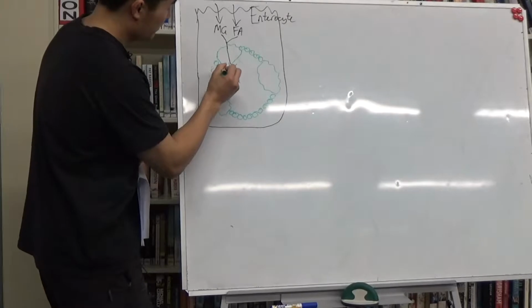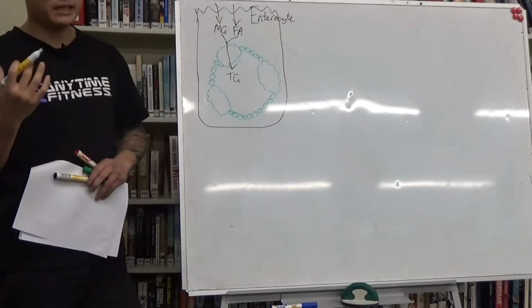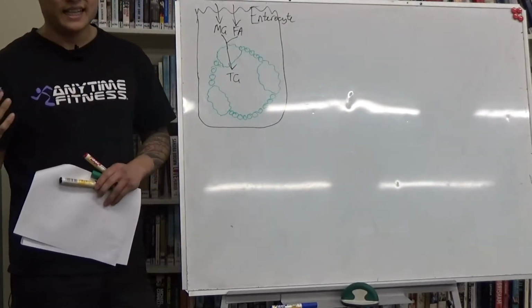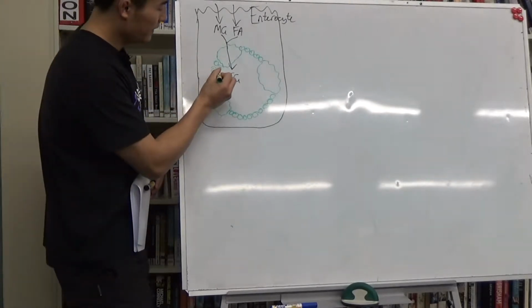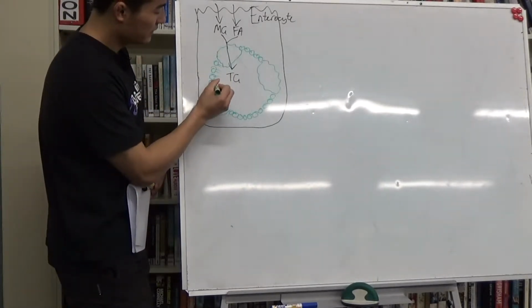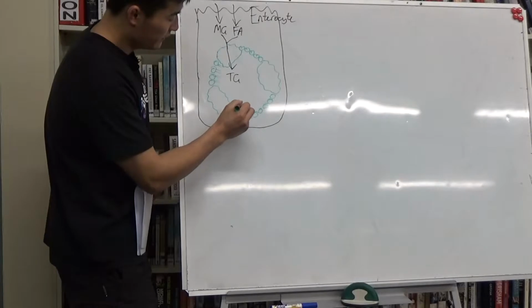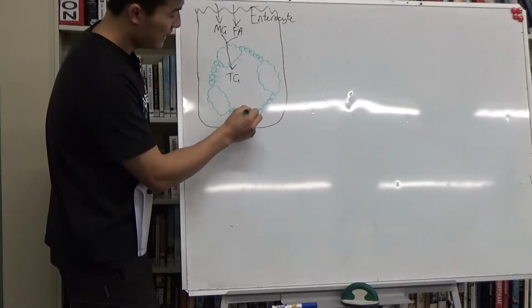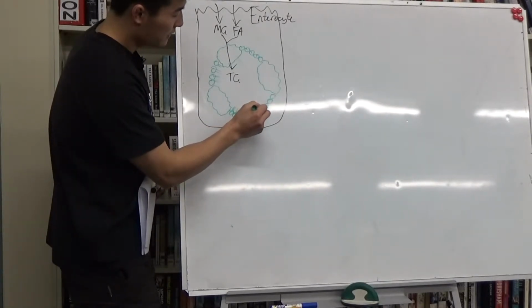And so remember how I said the cell membrane was a phospholipid bilayer? This is a phospholipid monolayer, okay? So these phospholipids, there's only one layer, right?